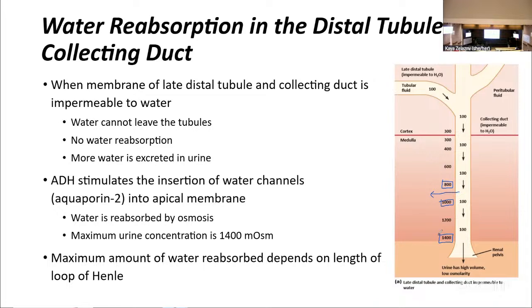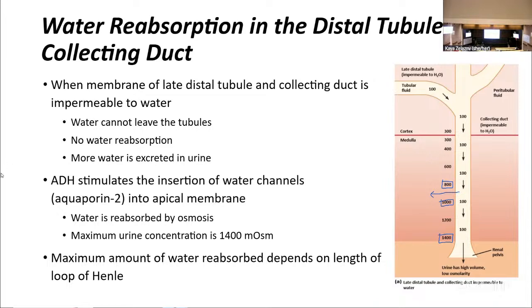So our maximum urine concentration is 1400 as well, because it's that osmolarity of the medulla that's pulling water. And if it only has like 1400 power to pull, you can't get above that anymore, right? So you can come to an isoosmotic state as you move through that region, but you can't exceed that because there's nothing to pull more water out of it.